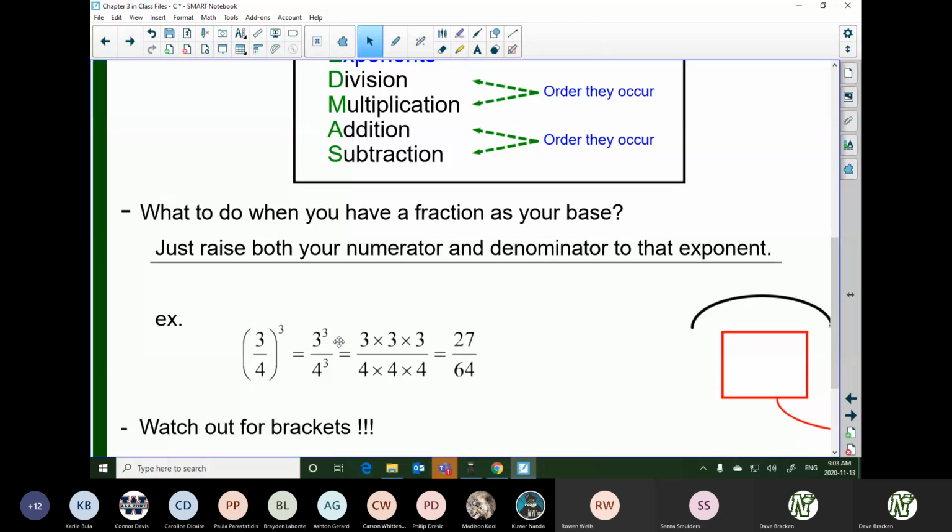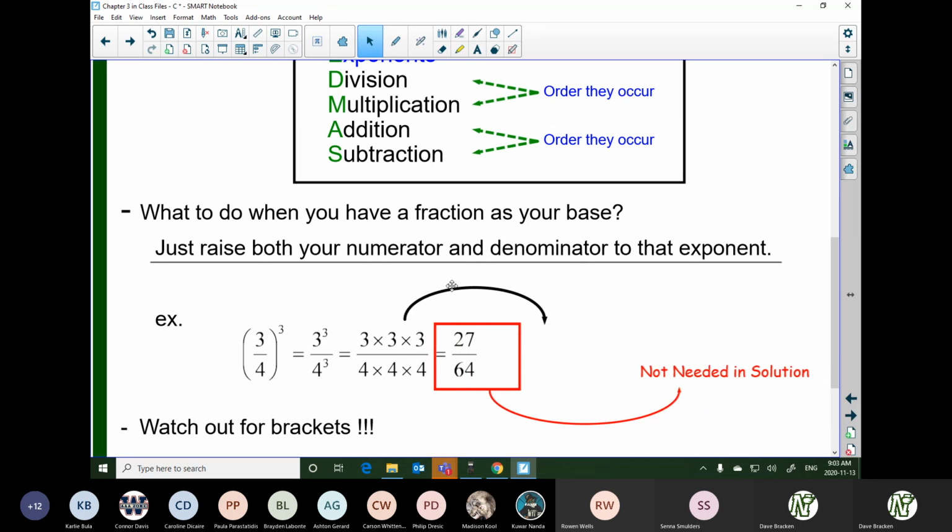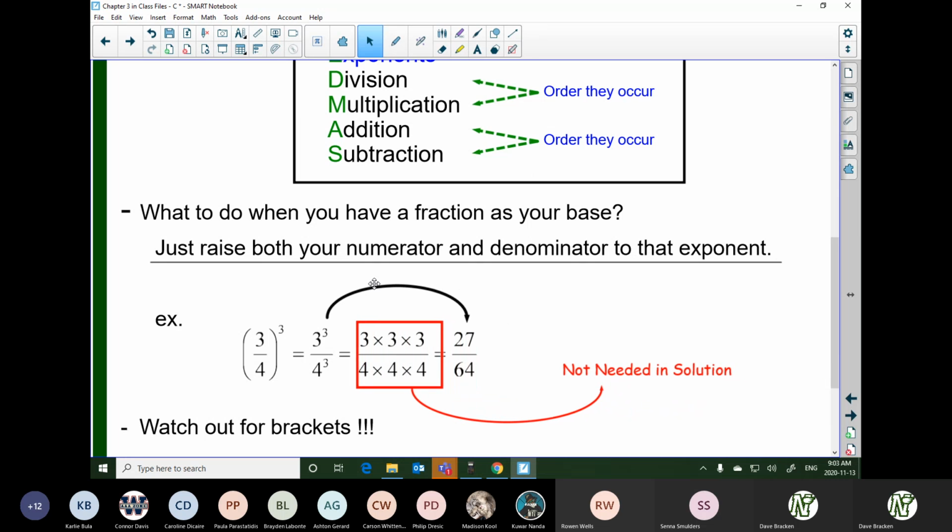Now, if I were to have this question for you in homework, 3 over 4 raised to the power of 3, I would hope you would show me this step right here. Show me both being raised to the power of 3, but then you can take your calculator and go 3 to the power of 3 and get 27, and 4 to the power of 3 and get 64. So this red rectangle is not needed in your solution.